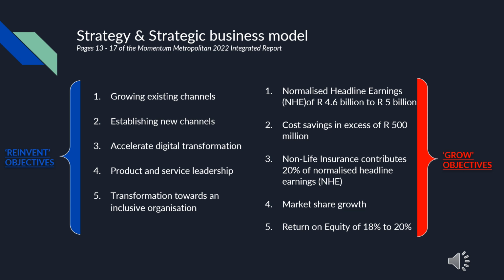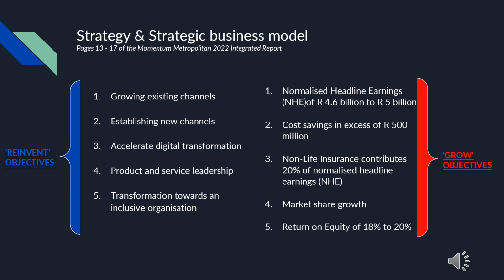And number 4 follows closely, where the business believes it can improve its products through technology and improve customer experiences. Number 5 relates to the aim of Momentum Metropolitan to become a more inclusive organization, and it aims to do this by increasing Black participation and also reaching its BEE targets.